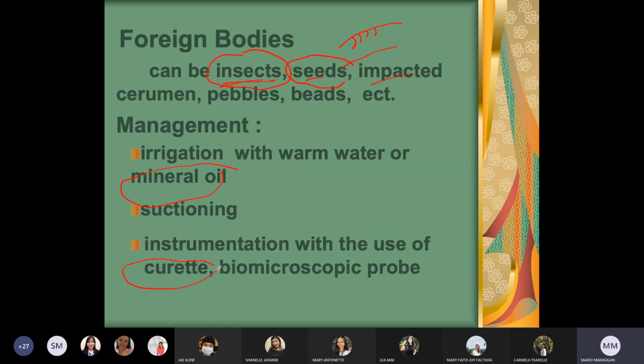Sometimes ang tawag ay curette or yung alligator forceps. Yung alligator forceps, mahaba siyang forceps. Tapos yung dulo lang yung nag-o-open yung yan. So, nakokontrol mo siya using your otoscope also. You can use biomicroscopic probe para kita mo kung saan nakalocate yung object.